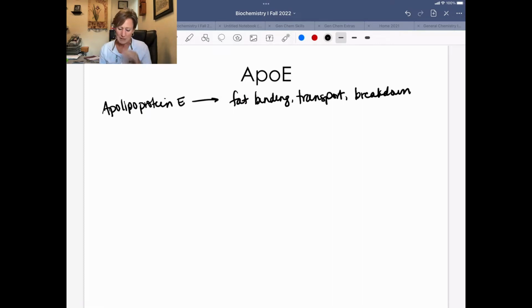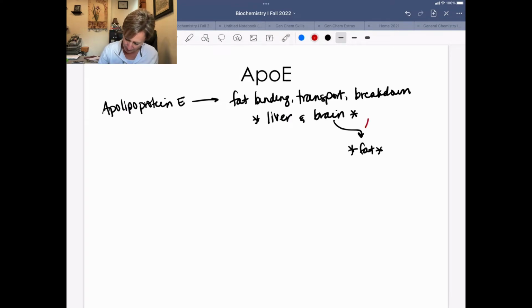And importantly, we can think about this as having relevance in both the liver and the brain. Let's take the brain first, and I hope you remember that your brain is pretty much largely fat. If you are ApoE deficient, and we'll talk about what that means in just a minute with different isoforms of ApoE, you're going to have an increased level of what we call A beta plaques.